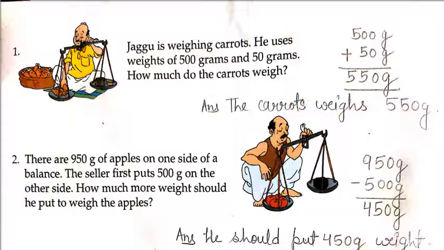So we write 5 here. Then we subtract 5 from 9. That is 9 minus 5 is equal to 4. So we write 4 here. And below the grams we write gram in the answer children. So your answer will be he should put 450 grams more weight.